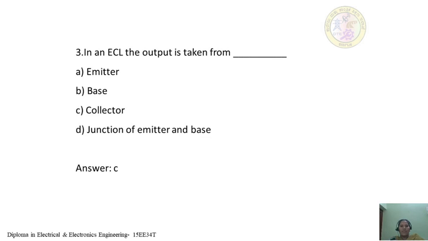So the basic device used in case of an ECL is the BJT device. So BJT is a device which has three terminals: emitter, base, collector. So the collector terminal is used as the output for this ECL logic family. Hence the answer for this question is C, that is collector.